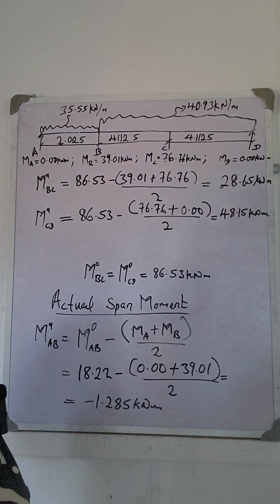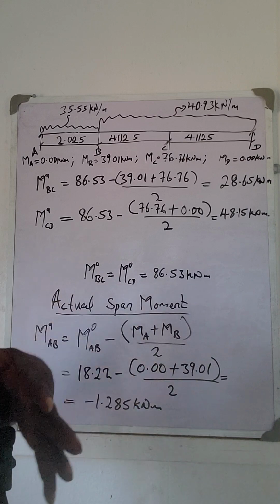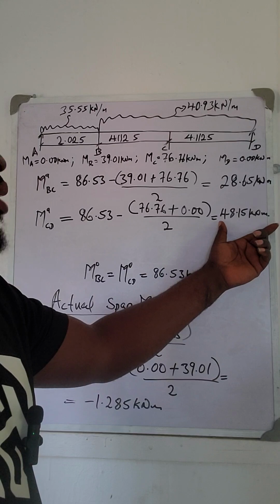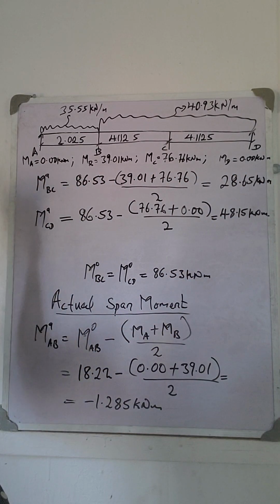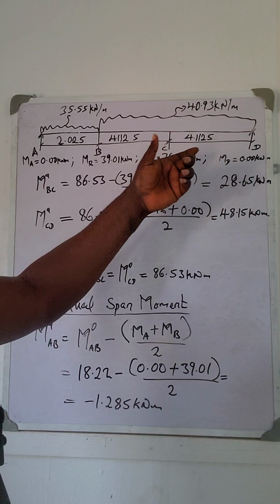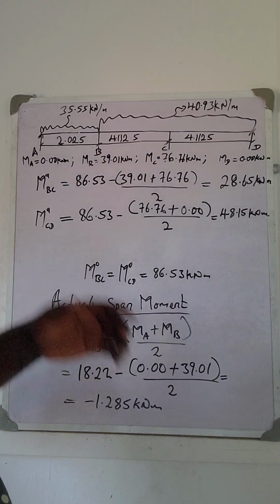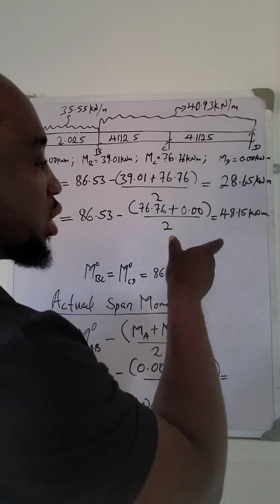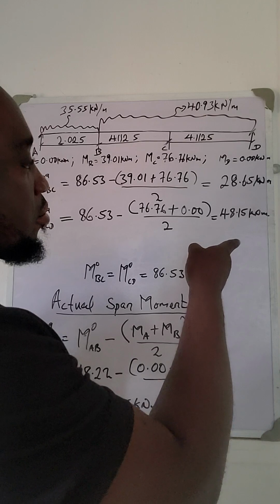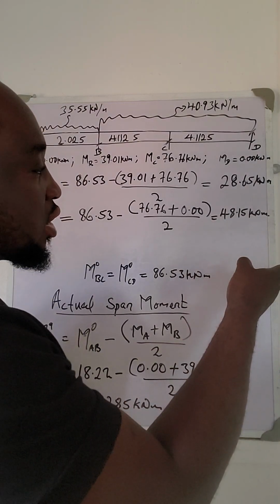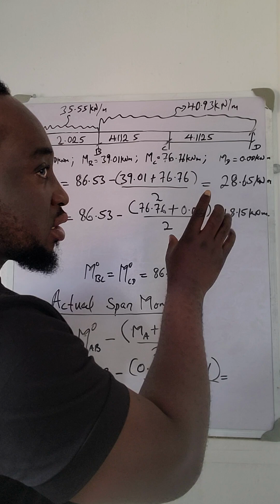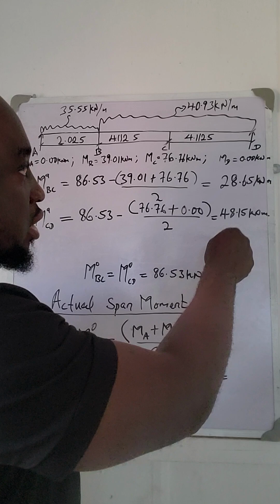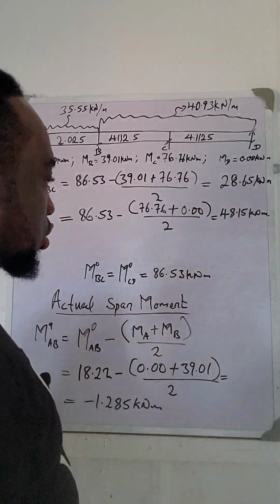Now, in my own case, when I'm designing manually, I use maximum span moment to design my beam and maximum support moment to design my support. But normally I use software, the Quicksilver series. But for the sake of this lesson, we are going to be using maximum span moment and maximum support moment to design for this beam.